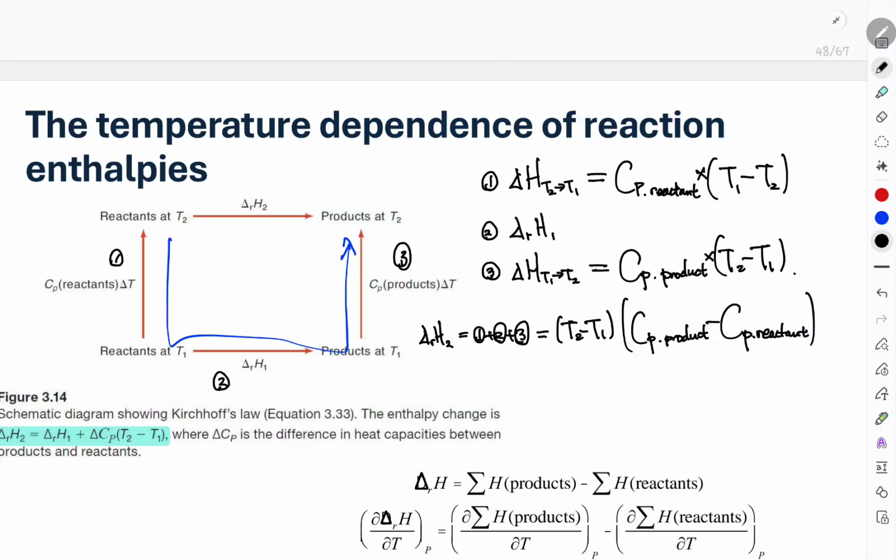This can be written like Cp reaction. Then this is the difference between the product and reactant heat capacity.